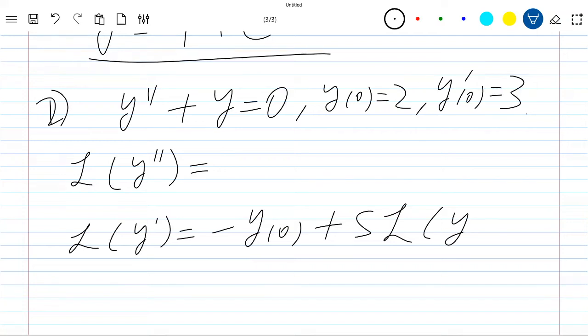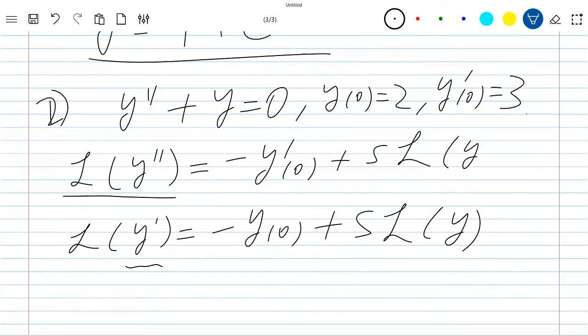Capital Y is this. Alright, now to find out the second order derivative Laplace transform, we replace every y by y prime. Right? Because this is true for any function, so you can say y or y prime.